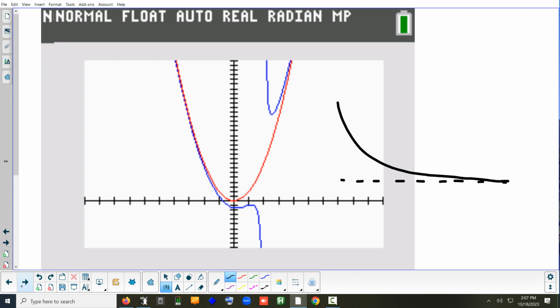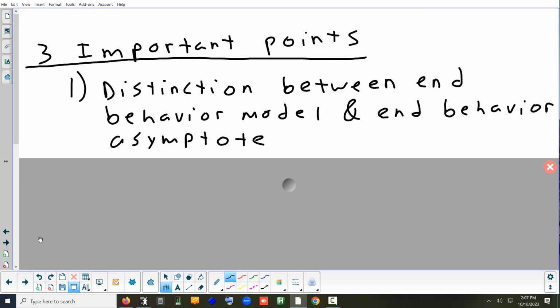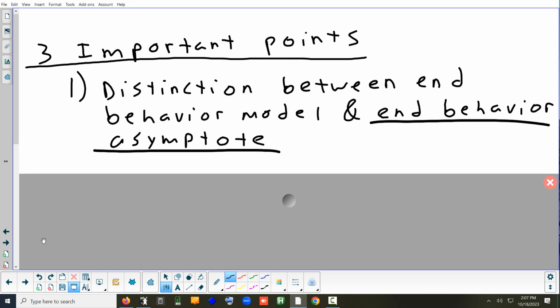All right. So, a couple important points. There's a difference between the end behavior asymptote and the end behavior model. The end behavior asymptote, you use long division. The end behavior model, that's easier. You just take the highest degree term in the top and you divide by the highest degree term on the bottom.